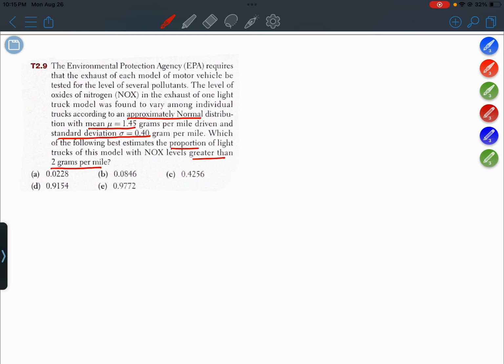First thing that you want to do is sketch a picture of the original distribution, in units grams per mile. This is approximately normal, the mean is 1.45, and the standard deviation is 0.40.